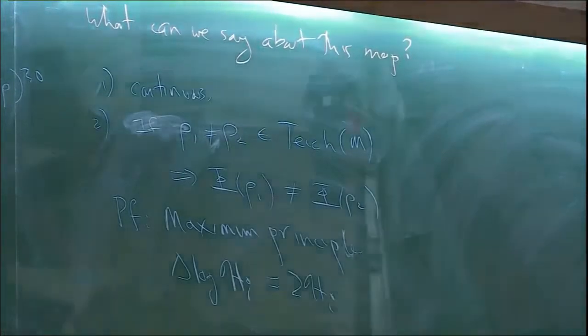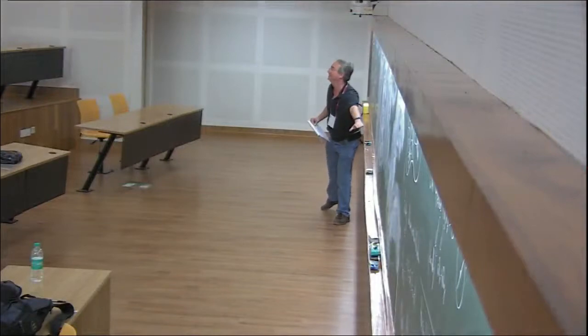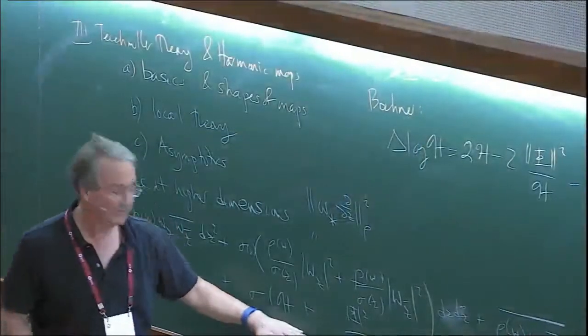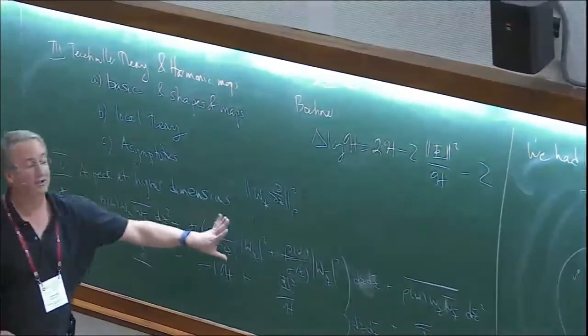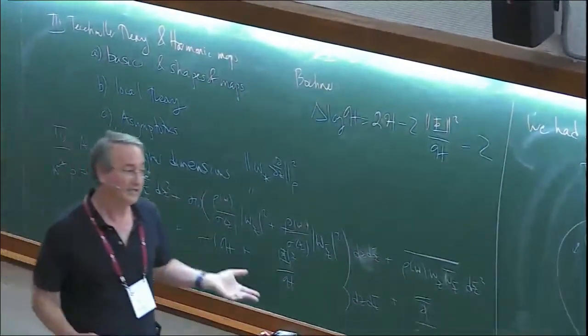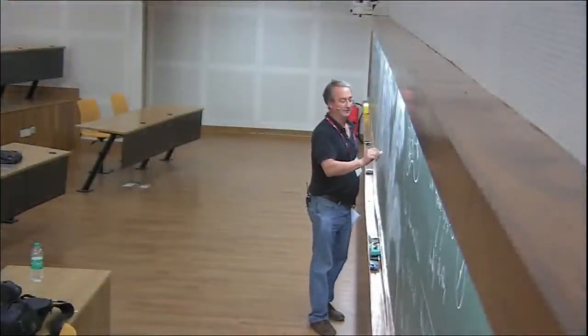I want to say that I get the same metric. Well, they already have the same Hopf differential, so I just have to show that they have the same H, because then from the H's and the Hopf differential, I reconstruct the metric. But how does the H relate to the Hopf differential? Well, it relates like this.